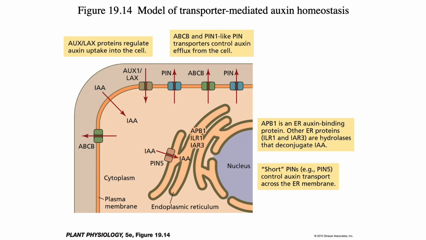ABP1 is an auxin-binding protein in the endoplasmic reticulum, and other ER proteins, ILR1 and IAR3, deconjugate IAA. Other PIN proteins, such as PIN5, control transport across the ER membrane. So we can see that auxin transport is quite important and requires a very complex transport system.